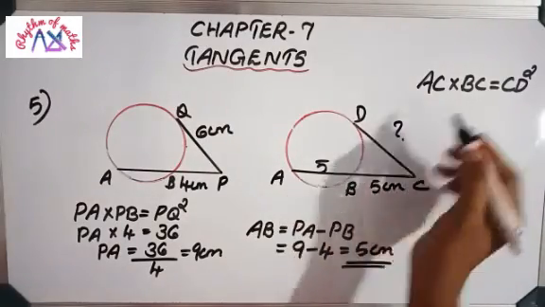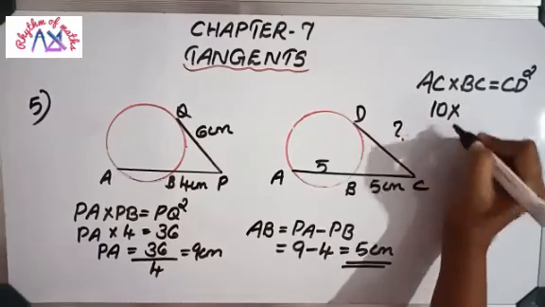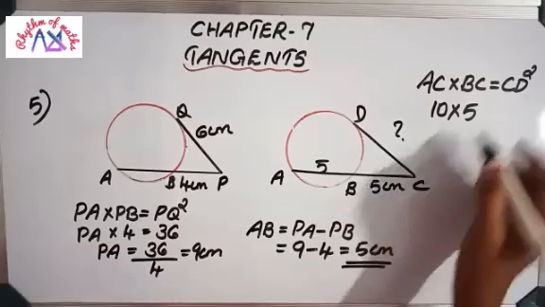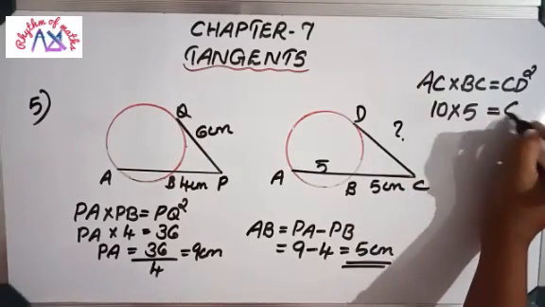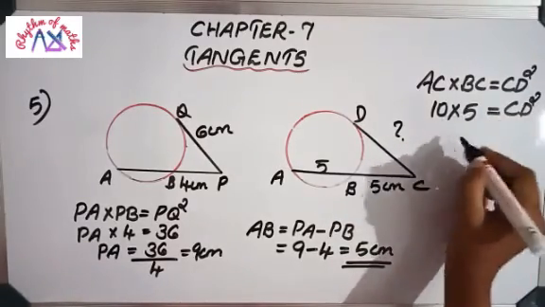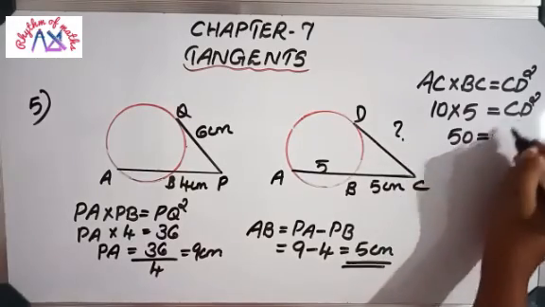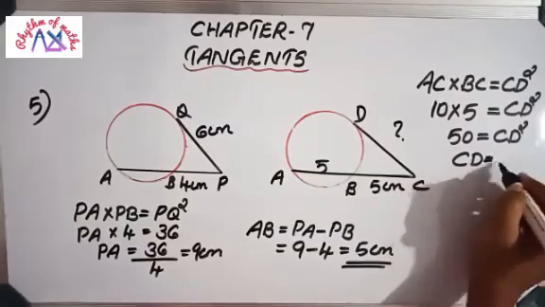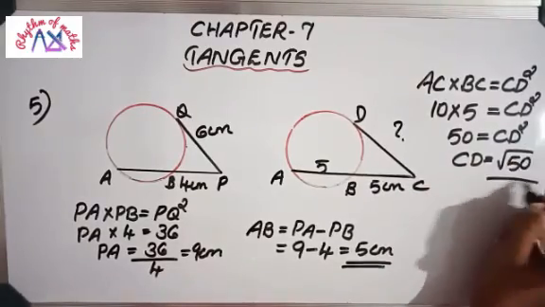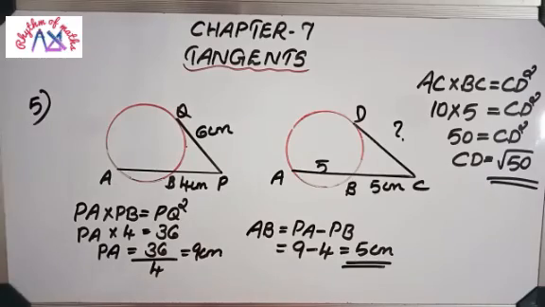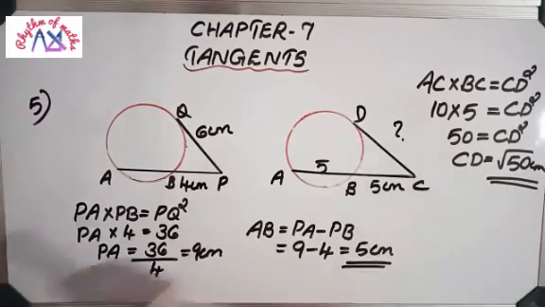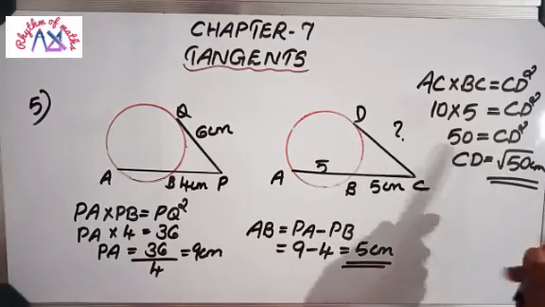Here 5 and here 5, so total is 10. 10 into BC, BC portion is 5, equal to CD square. 5 into 10, 50. So 50 equal to CD square. Then the tangent CD equals root 50. So root 50 is the length of this tangent. So this is the fifth one's answer. We got the second tangent as root 50 centimeter. No need to simplify. You can write it like this itself.